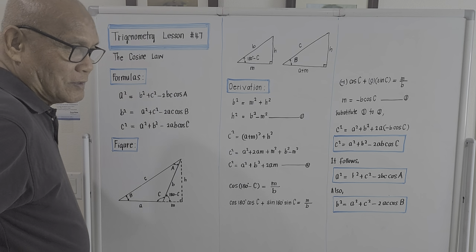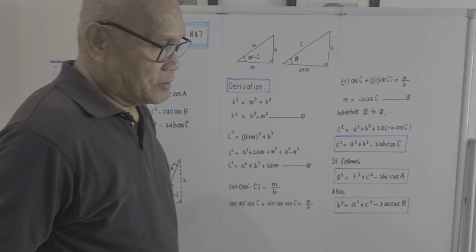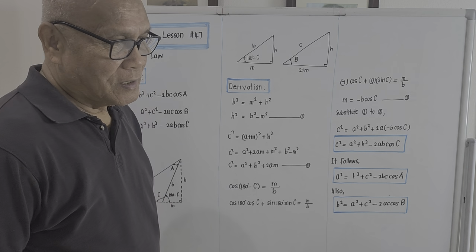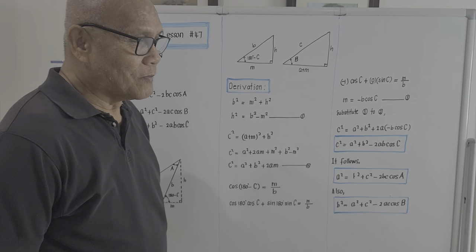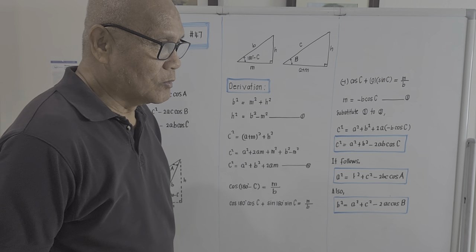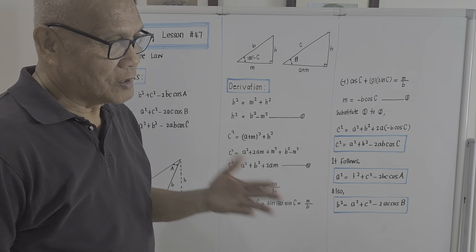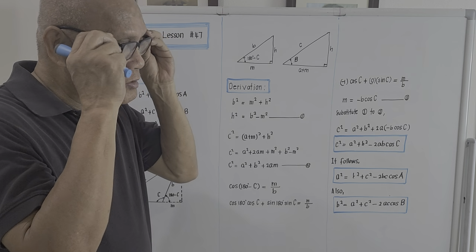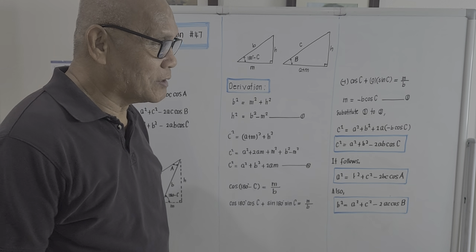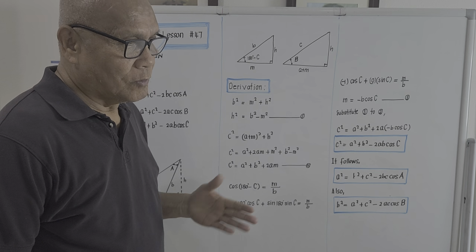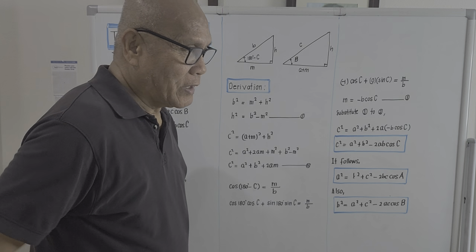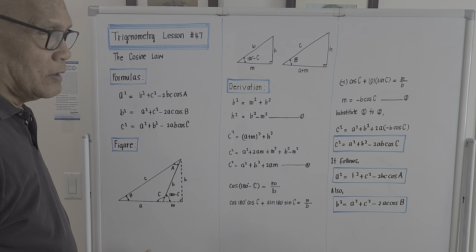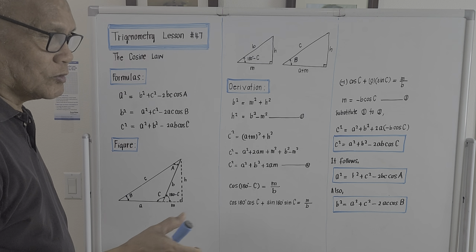The last time around, I discussed the concept of sine law, and next to that, I have given you two example problems on the so-called solution of oblique triangles using sine law. So for this morning, we will be discussing another concept of the solution of oblique triangles, and that is the so-called cosine law.